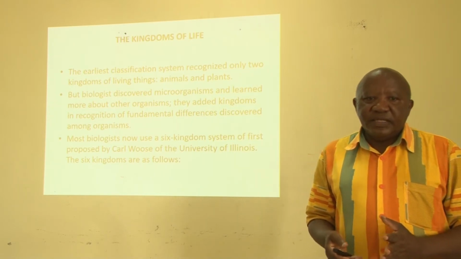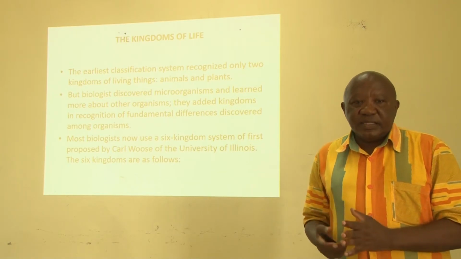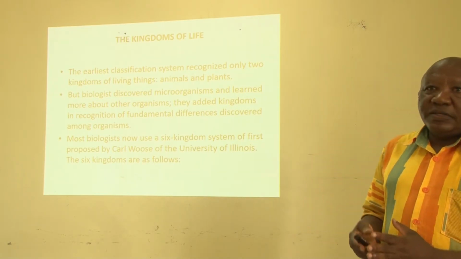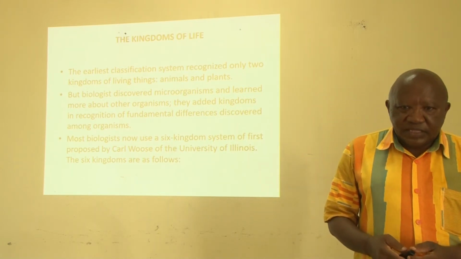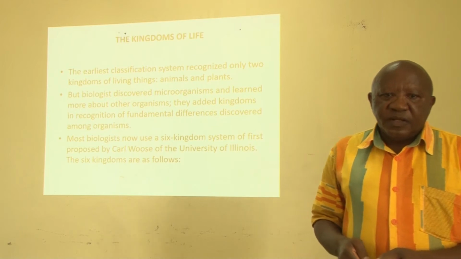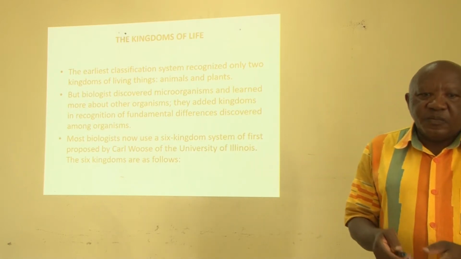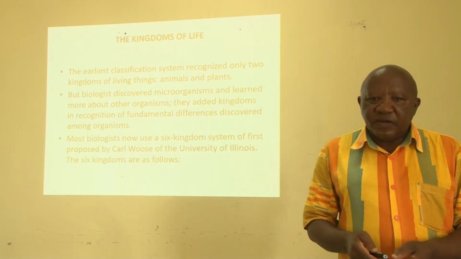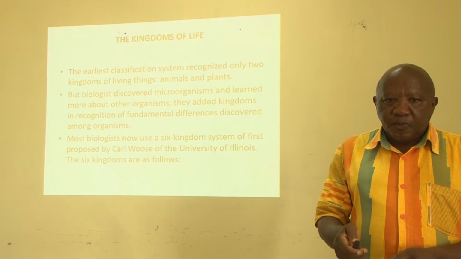They added kingdoms in recognition of fundamental differences discovered among organisms. Most biologists now use a six-kingdom system, first proposed by Carl Woese of the University of Illinois. The six kingdoms are as follows.